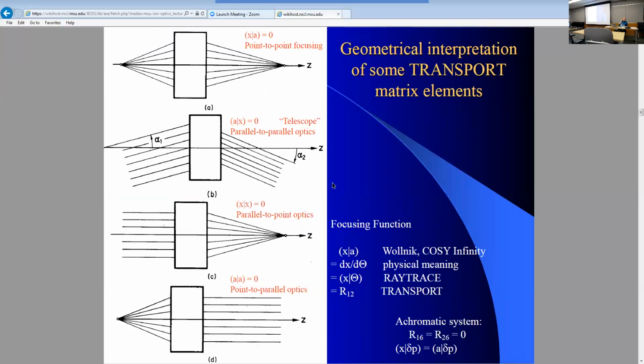Is it not, so A and X are defined in terms of relative to a reference orbit? Correct. You call it the central orbit? The central ray, we call them central ray. So, correct that the angle changes, but since it's defined in terms of the central ray, that's why AX is 0, because A and X are in terms of the reference.